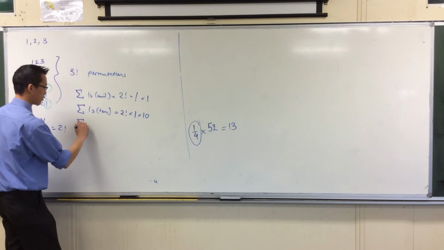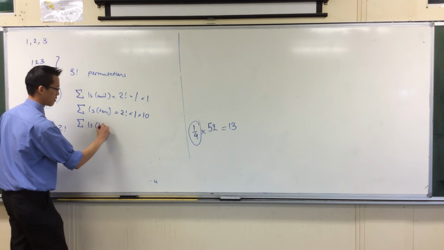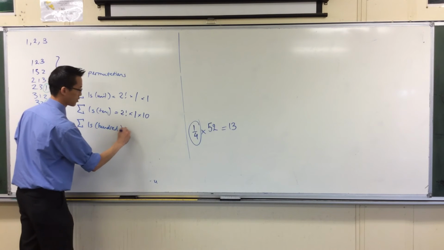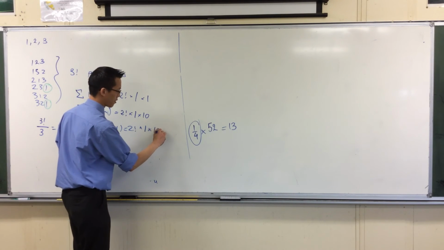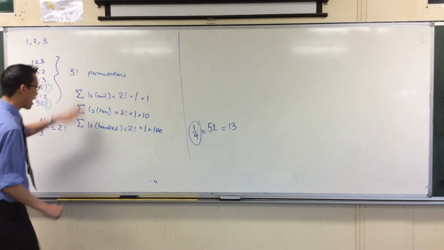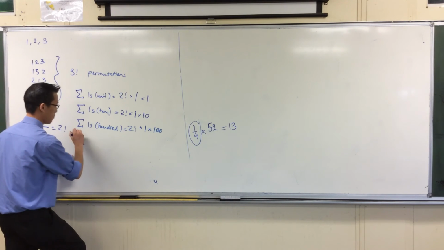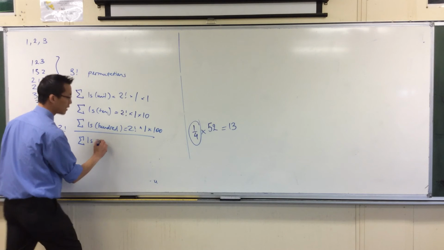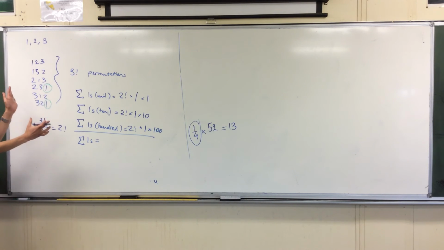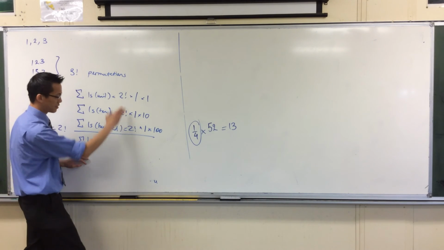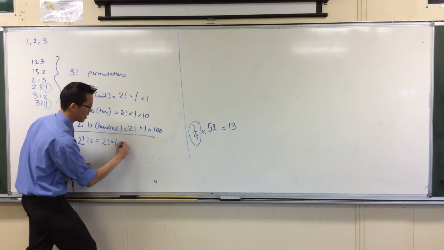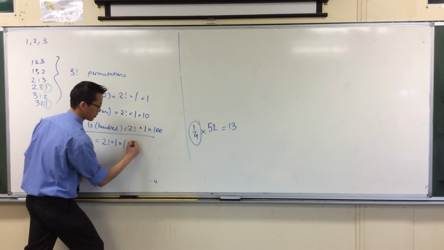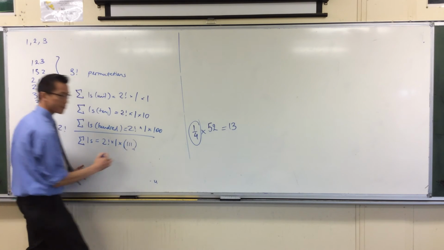Then I do it one more time for the hundreds. There's still 2 factorial of them, there's still 1, and they're now worth 100. So if I work out the sum of all of the 1s in my picture, I'll take out a factor of 2 factorial, a factor of 1, and then I can add up these guys, which is 111.